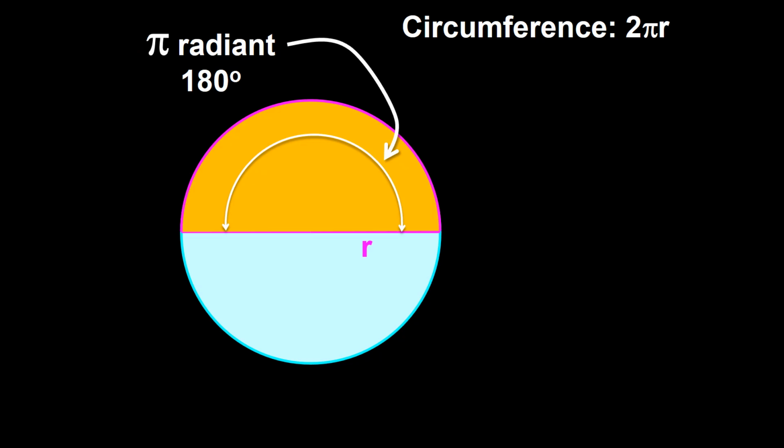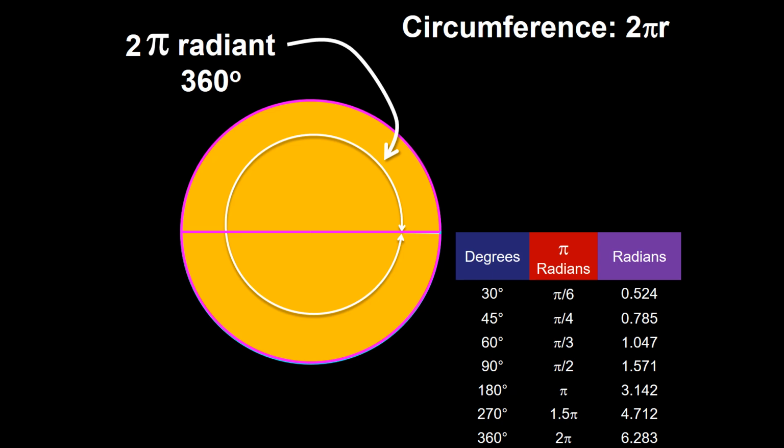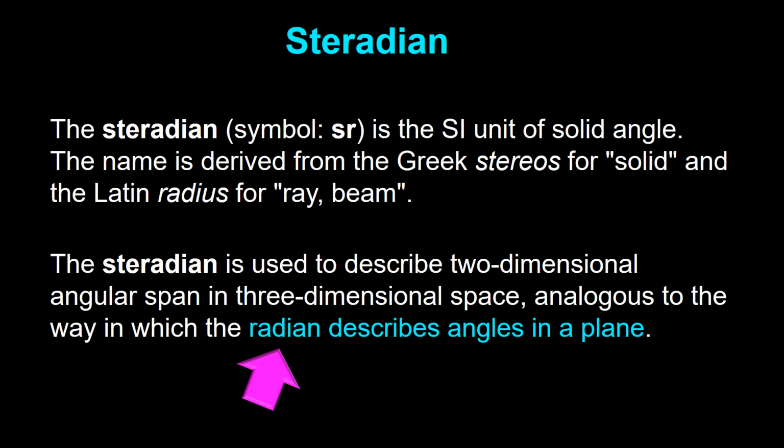This can also be written as pi radian, and the whole circumference can thus be expressed as 2 pi radian or 360 degrees. In this frame, I have added a table comparing degrees with radian measured with pi as a base and with natural numbers. Now that I have explained radians, I will explain steradians. A steradian refers to volume, that is, to three-dimensional space.